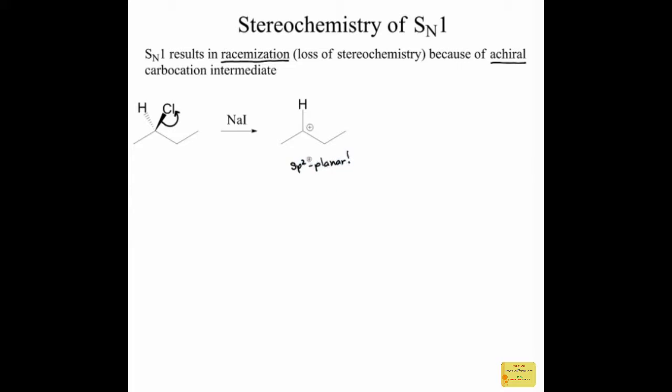And any planar species has that plane of symmetry in it, so this is achiral. So now when my nucleophile comes in, the question is, is it going to attack the top face of that carbocation or the back face of that carbocation? And the answer is both. It's going to attack from both directions to give an equal amount of the two possible products.